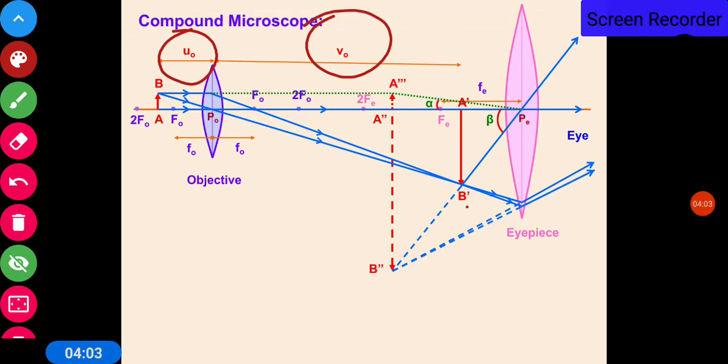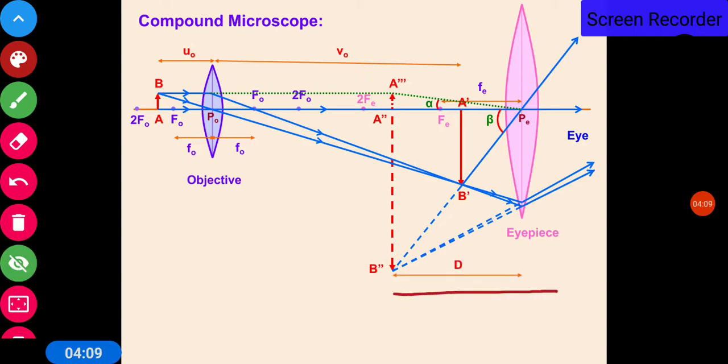The distance of the final image from the eyepiece is denoted by D. D is the least distance of distinct vision, so the final image is formed at the least distance of distinct vision. The distance between the objective and the eyepiece is denoted by capital L, the length of the tube.